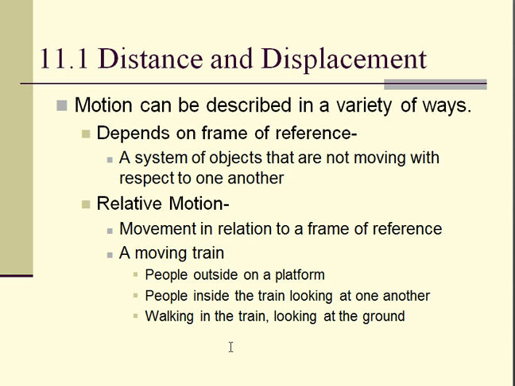If you're inside the train and you're watching the platform go by, that's also going to look like something's moving relatively quickly, but it's going to look like the platform's moving and you're sitting still. If you're inside the train and you're looking at the ground, nothing's going to look like it's moving because you're in the moving object. So what appears to be moving is really based on your frame of reference because of the relativity of where you're at.